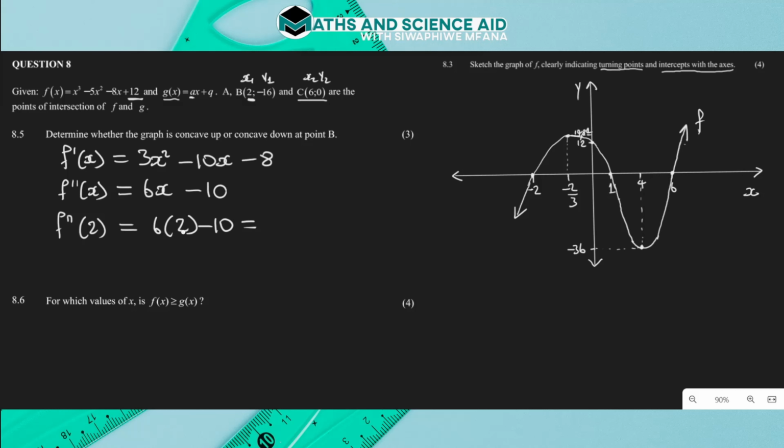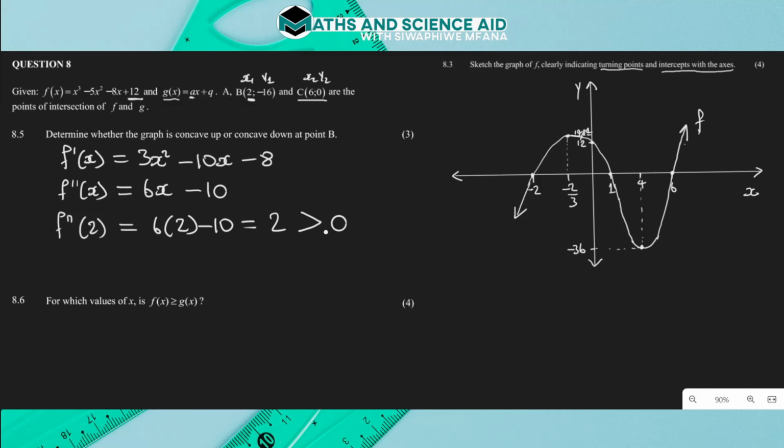So 6 multiplied by 2 is 12 minus 10, that is equal to 2. And therefore, it is greater than 0. That is what we are concerned with: the sign of the value that we get. Is it greater than 0 or less than 0?